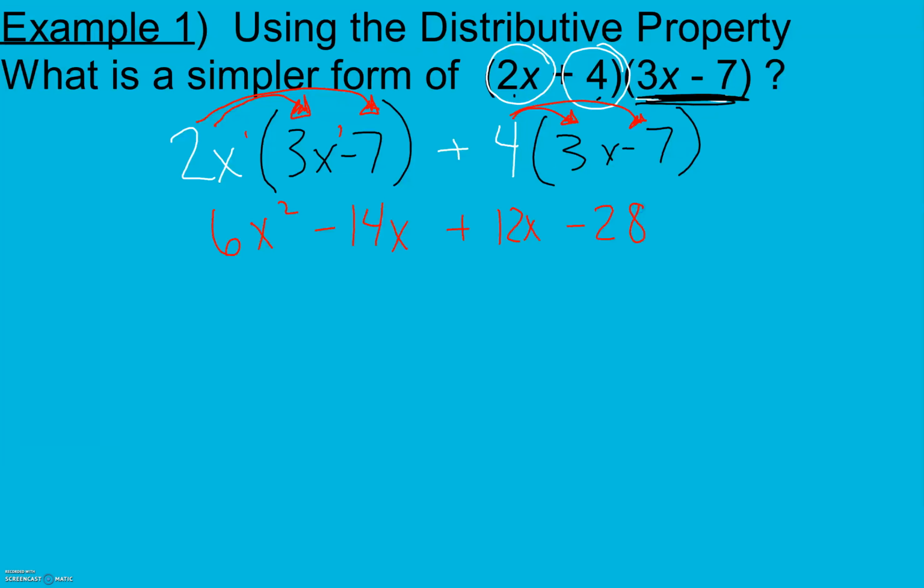So again, I took my 3x minus 7 times both things inside my parentheses, 2x and 4, and then I took each of those and distributed them into the parentheses.